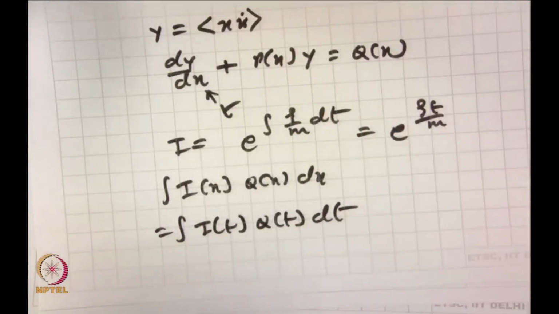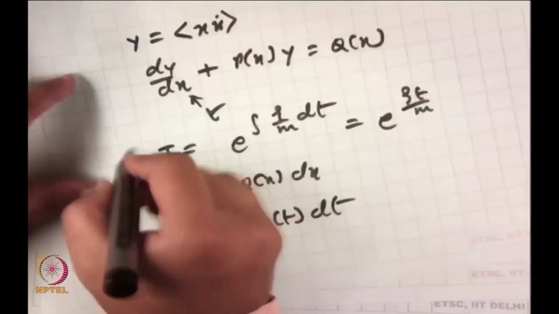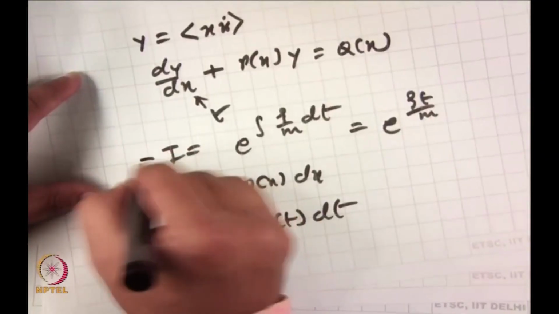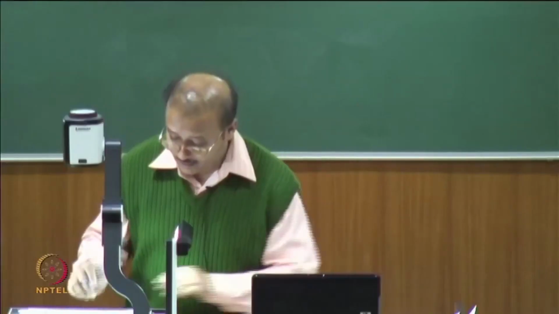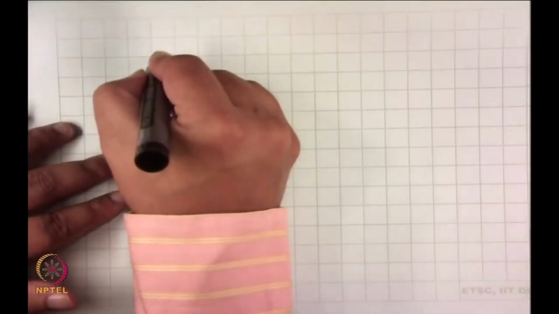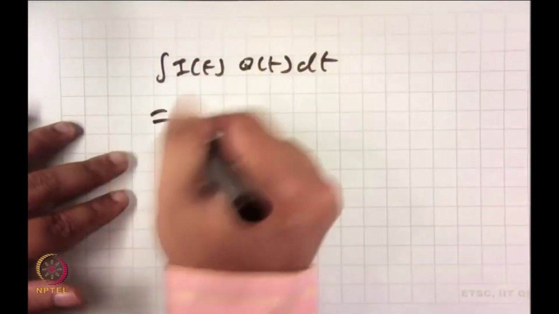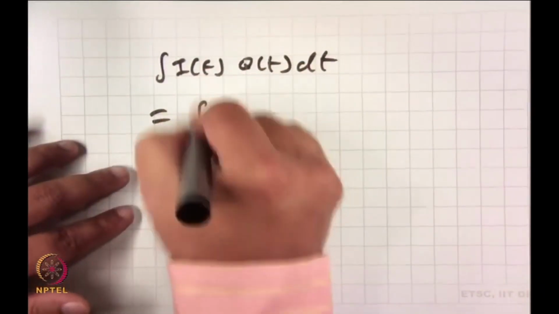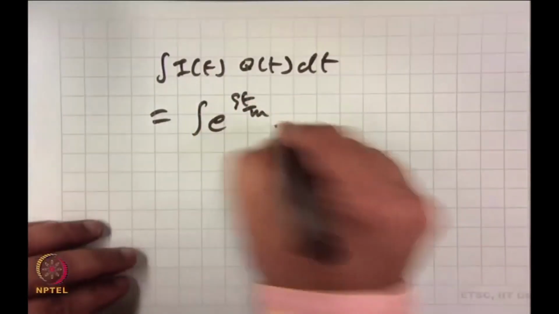Okay. What is q of t? Q of t is k t over m, isn't it? So, then what I can write is based on what I have. This is essentially I of t because my variable is t out here. Then integral of I of t q of t d of t is equal to, the first one is what? E to the power xi t over m, and what is the next one?